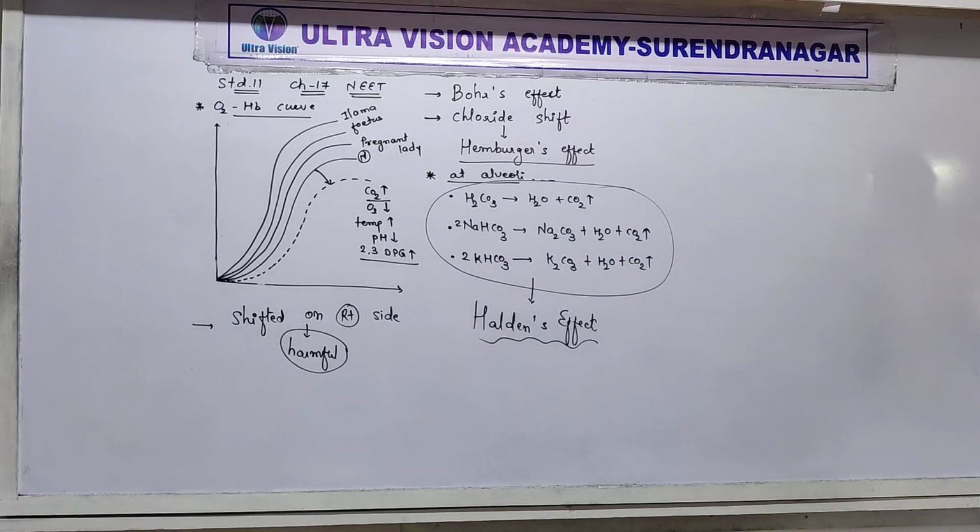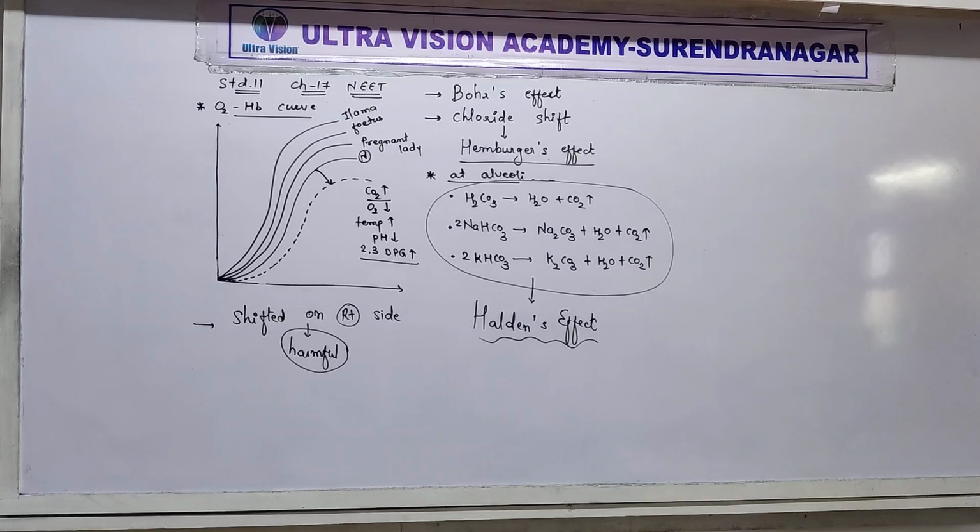Okay. Chloride shift is done in CO2 transport. This is the last process. And this process occurs how? Due to formation of oxyhemoglobin in the blood.